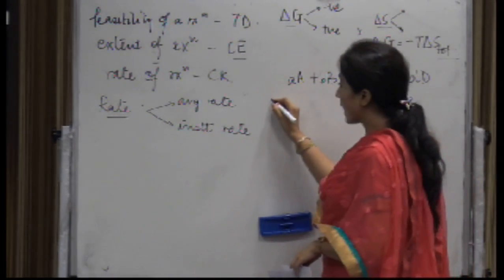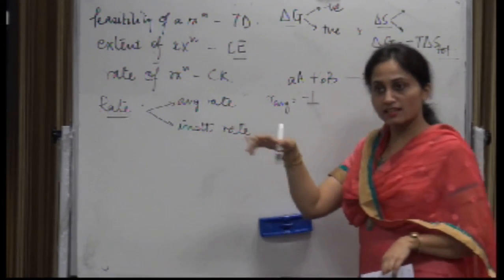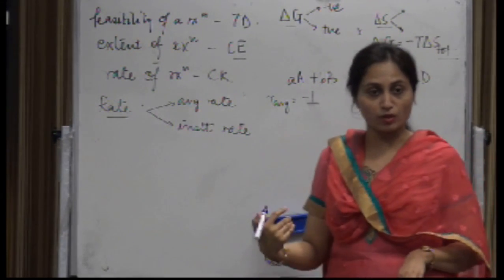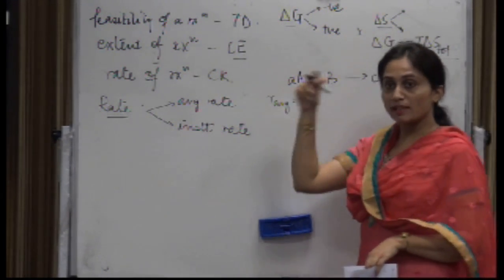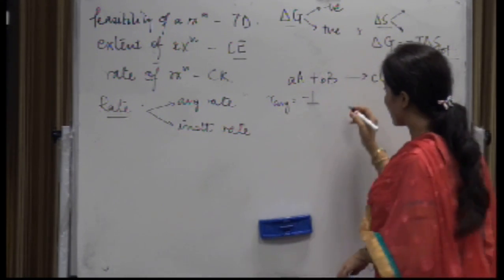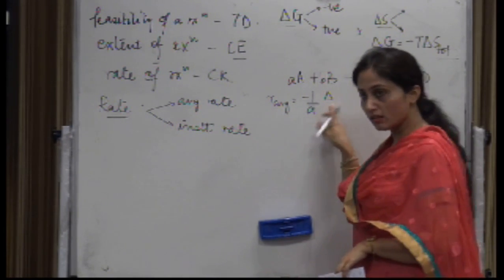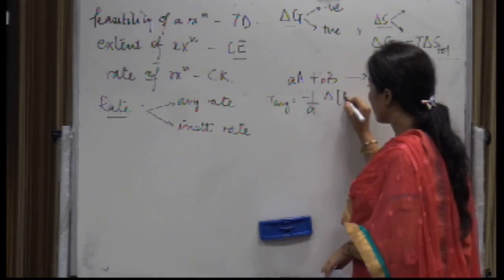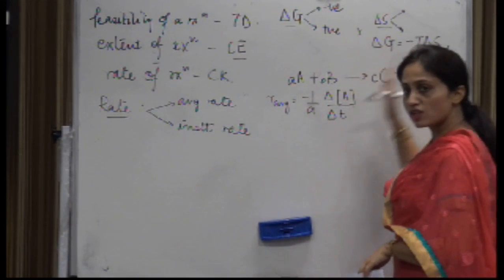So you know that average rate can be written as, for the reactants it will be minus because they are reducing over a period of time and your products are increasing. So there will be a negative sign for the reactants and a positive sign for the products. So our average rate will be equal to minus delta of concentration of A upon delta t, and so on for the products.